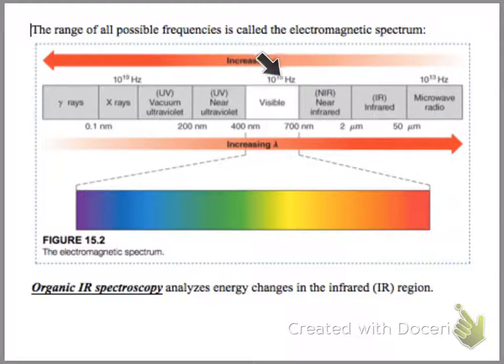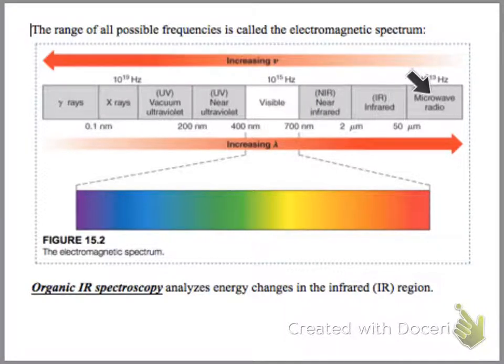Visible is sort of in the middle, so to the left of the visible are the light that is at higher energy. These are kind of the dangerous light, like X-rays and gamma rays, and UV light is more energetic than visible light. Light that's to the right of the visible is less energetic than visible.